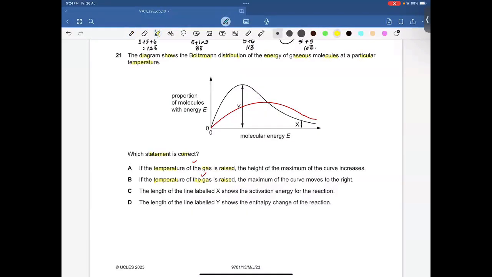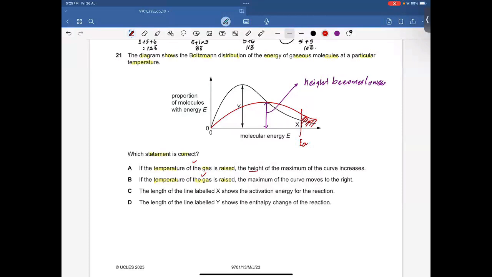As a result, the height becomes lower. And obviously this proportion is going to increase.